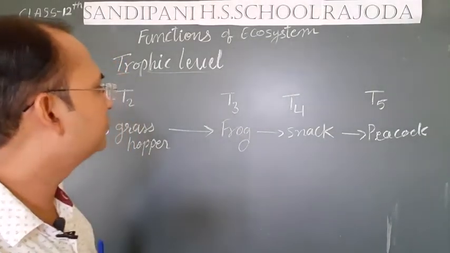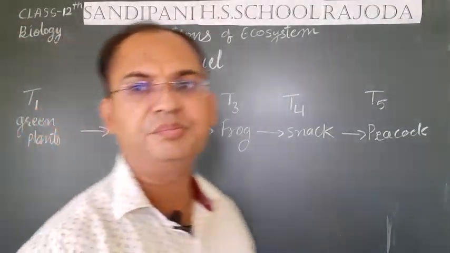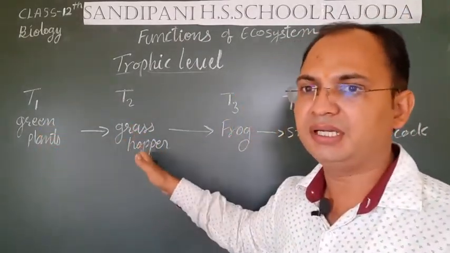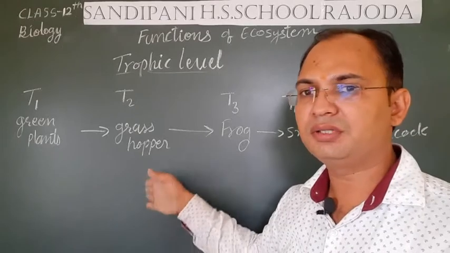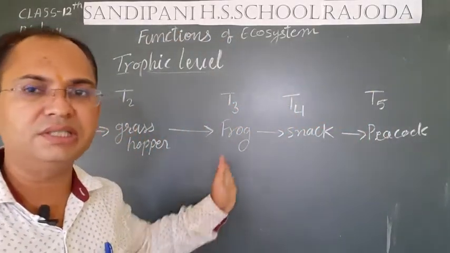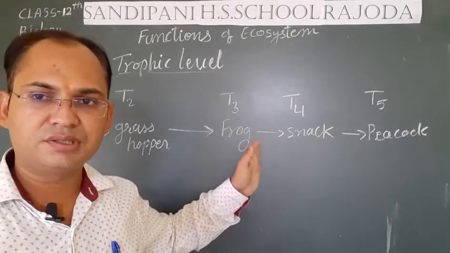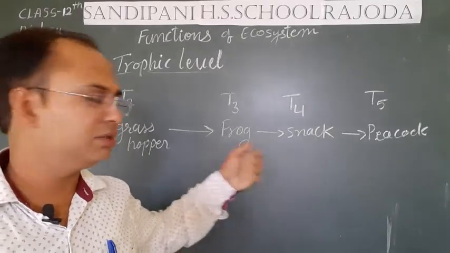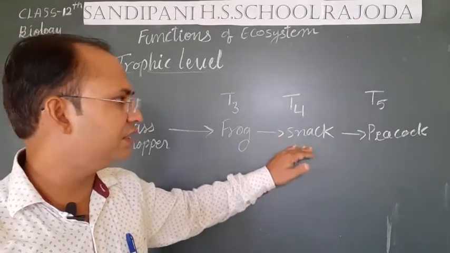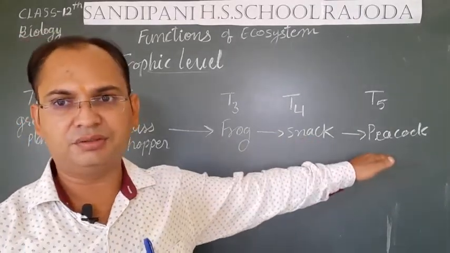Now students, here in this simple chain, the producers are eaten by grasshopper or the herbivores. Herbivores or the grasshopper is eaten by the secondary consumer, that is in this case the frog. Now frog is eaten by snake and snake is eaten by peacock.